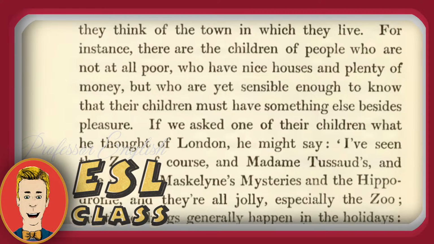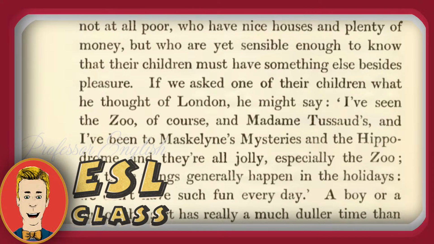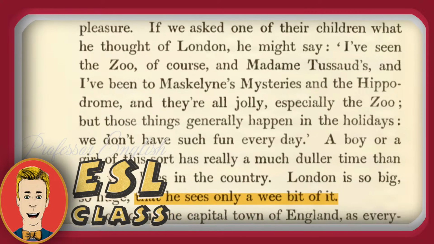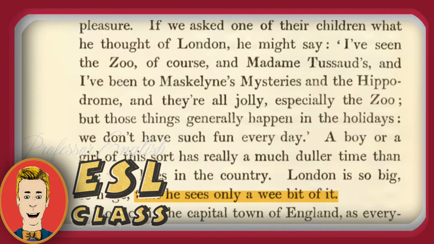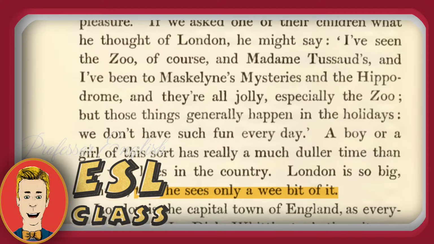If we asked one of their children what he thought of London, he might say, "I've seen the zoo, of course, and Madame Tussauds, and I've been to Maskelyne's Mysteries," whatever that is, "and the Hippodrome, and they're all jolly." Jolly means fun or happy or good, especially the zoo. "But those things generally happen in the holidays.